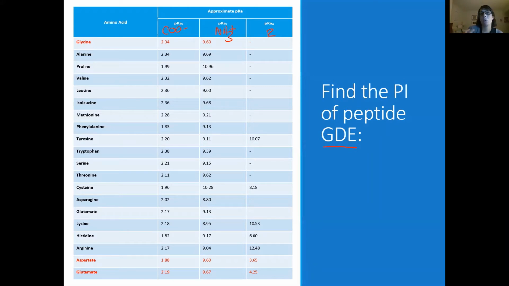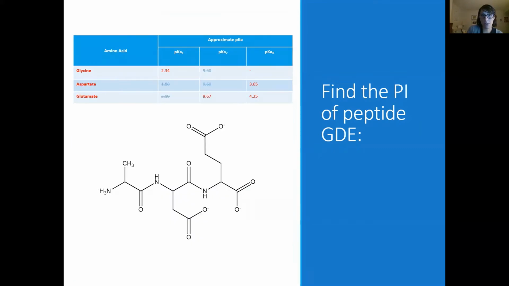Now we have to think about which of these pKa's is pertinent to our peptide structure. What do I mean by that? Well, again, I have the structure here, and I've highlighted the pKa's that are pertinent, and I've limited it down to the amino acids that are important for this structure. So in this structure, this is GDE in that order. We start with a glycine. The glycine has the amino terminal end on it.